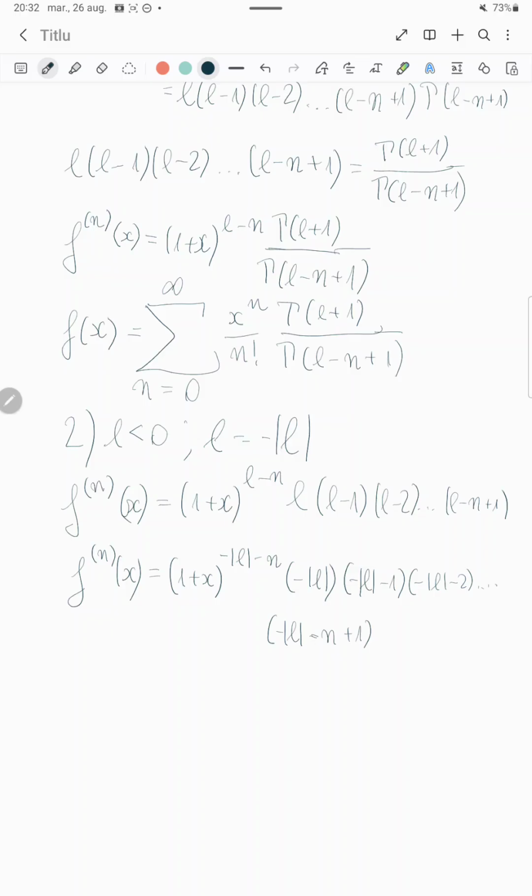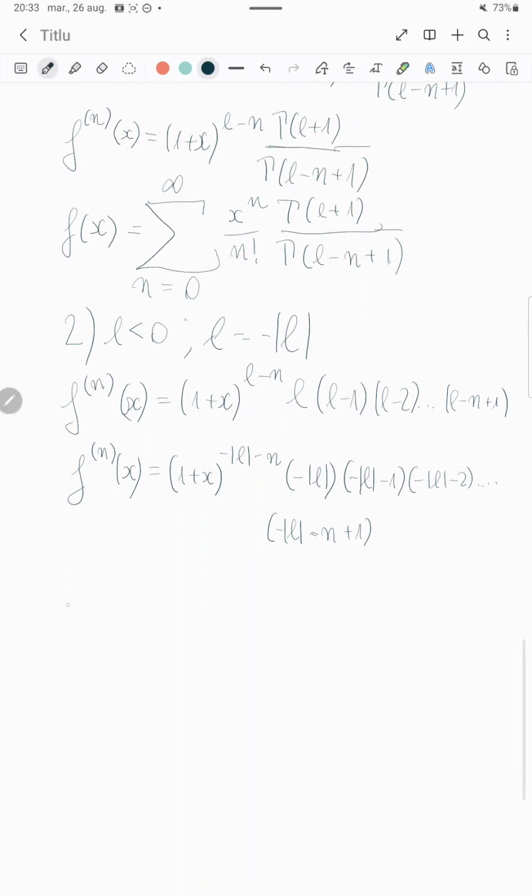Okay, now let's start counting the number of parentheses. This is the first parenthesis. That's the second parenthesis. That's the third parenthesis. So logically, this must be the nth parenthesis, right?